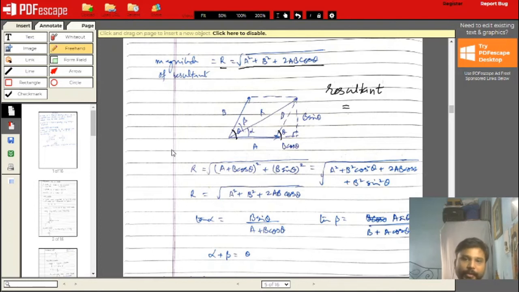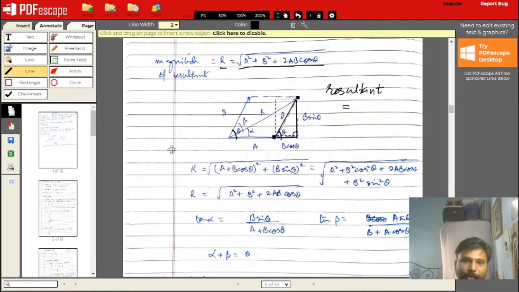Now we have to find what the sides of the triangle are. So this side is B cos theta, and this one is B sin theta. This side is B. So we have drawn the triangle. How is this B cos theta?